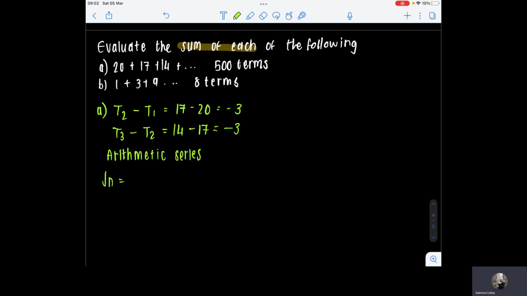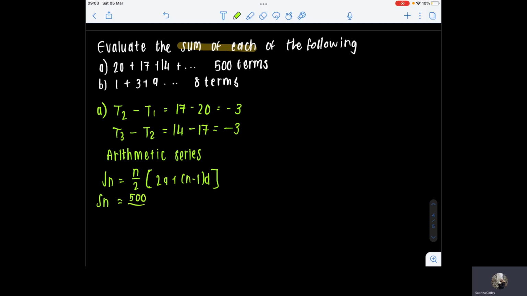All right, so I use my series formula. Sn is equal to n over 2 times 2a plus n minus 1 times d. They're looking for the total, so if I add them all together, they're looking for that total. n, they said, is up until 500 terms.